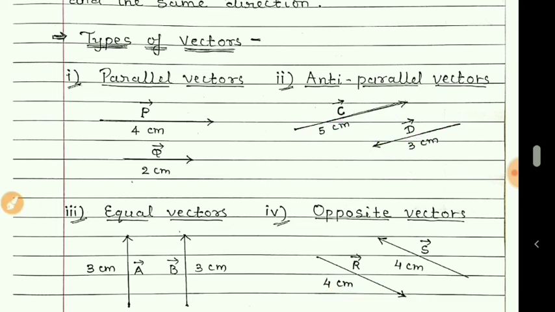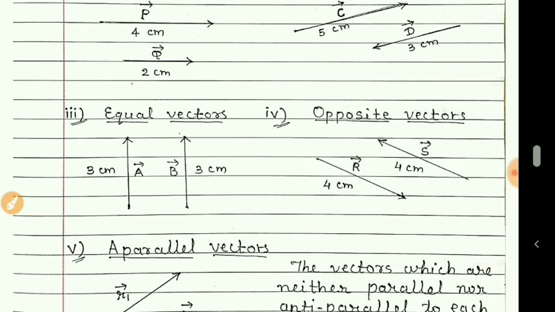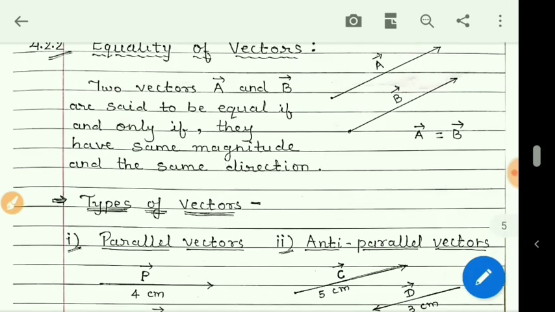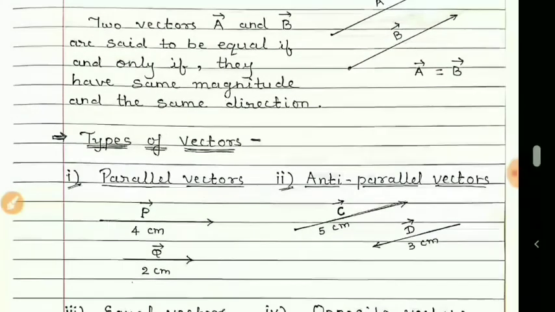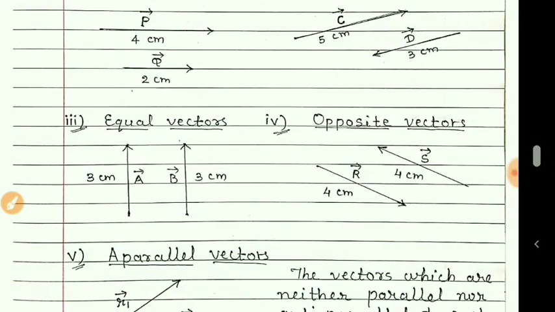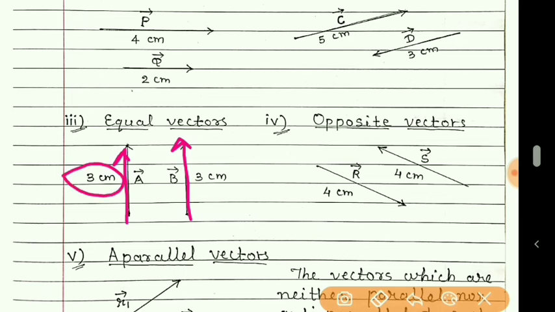Next, about equal vectors. Now, equal vectors we have already studied. Whatever I explained, that was about equal vectors only. So, what are equal vectors? We know that the direction of the two vectors should be same as well as their magnitudes must be same.